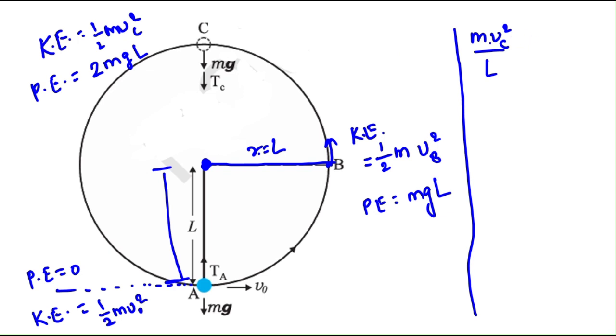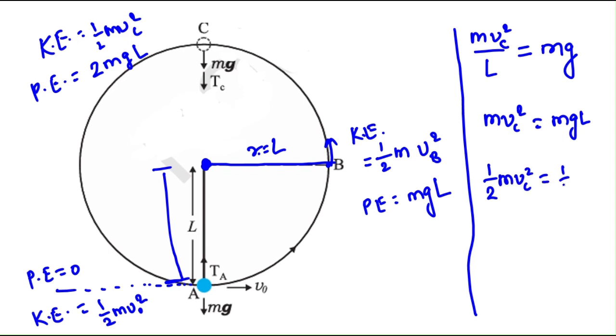So m vc square divided by L, that is the centripetal force, should be equal to mg. So m vc square equals mgL, and if we write 1 by 2 m vc square, this should be 1 by 2 mgL.